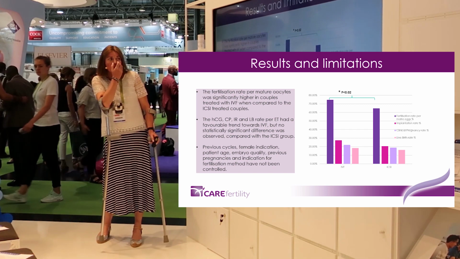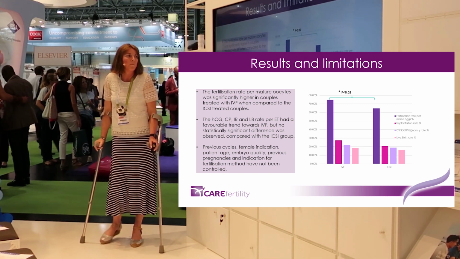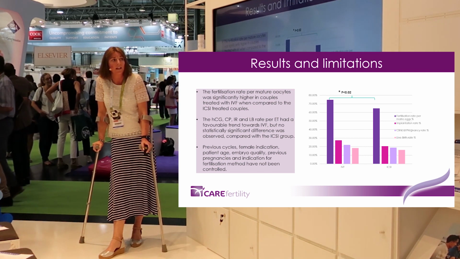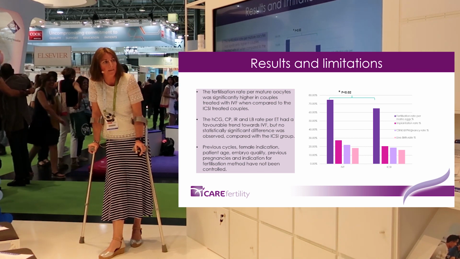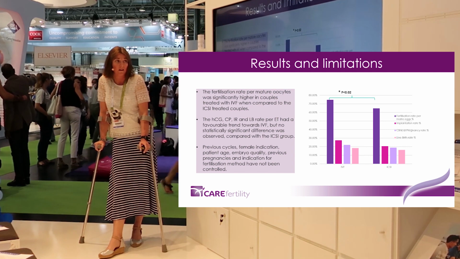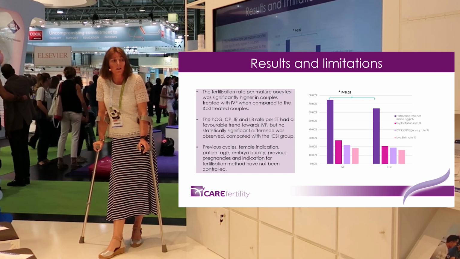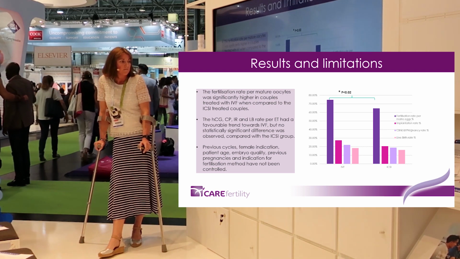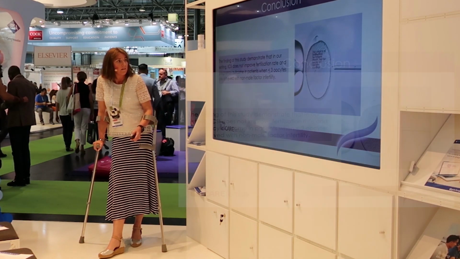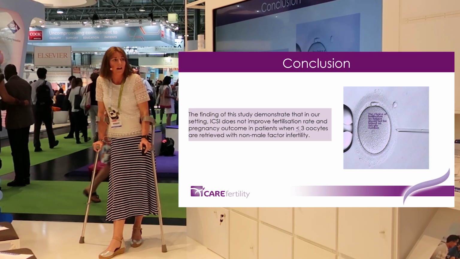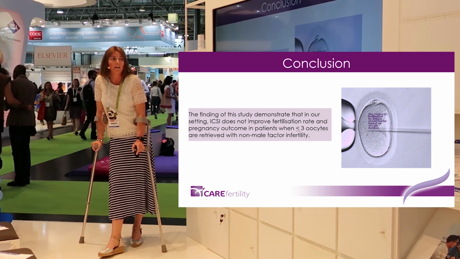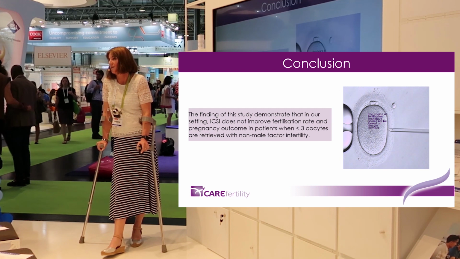We found that the fertilisation rate per mature egg was significantly higher in couples with IVF, and all the other clinical outcomes were similar. So again, we can say that the choice of fertilisation technique should not be based on the oocyte number.